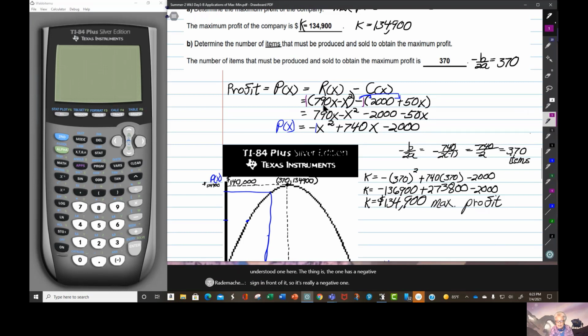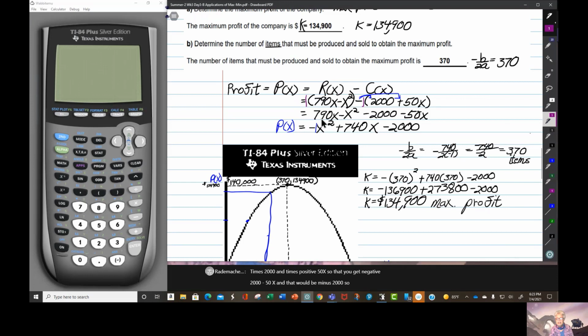So 1 times 790x minus x squared is just 790x minus x squared. But here you have to distribute the negative 1 times 2000 and times positive 50x so that you get negative 50x, and that would be minus 2000.